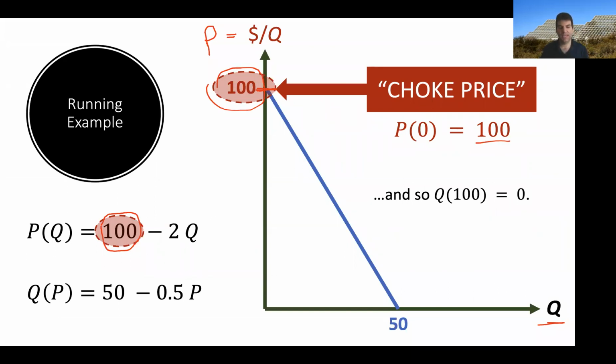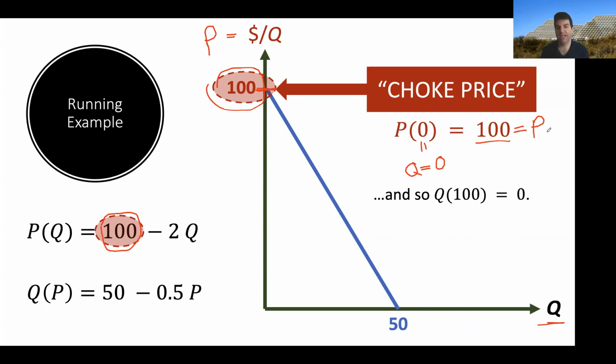So you can think of this as Q equal to 0. I plugged in Q equal to 0, and as a consequence I got a P equal to 100 out.